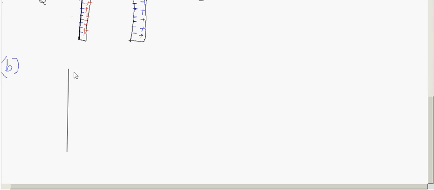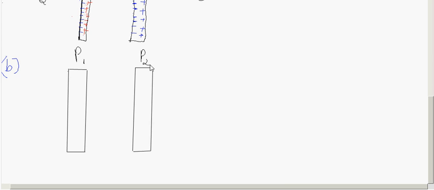Now again I will draw P1 a little bit wider so that I can mark all the charges clearly. P1, P2.